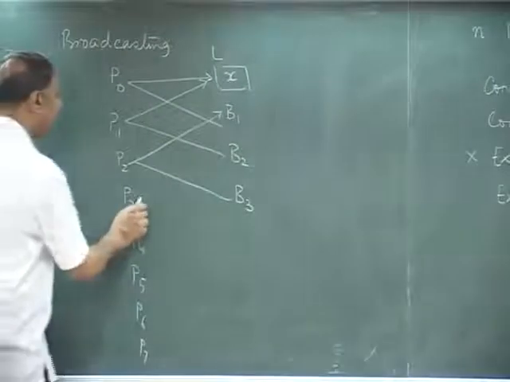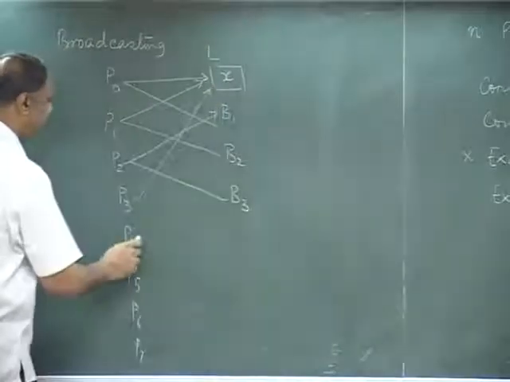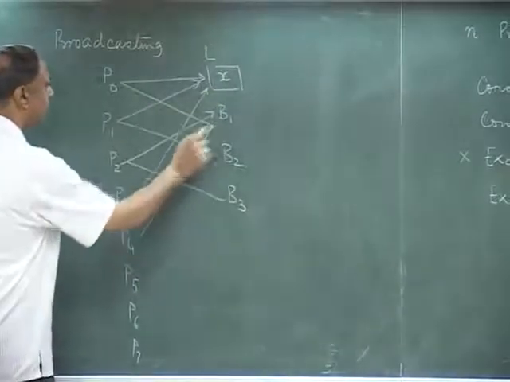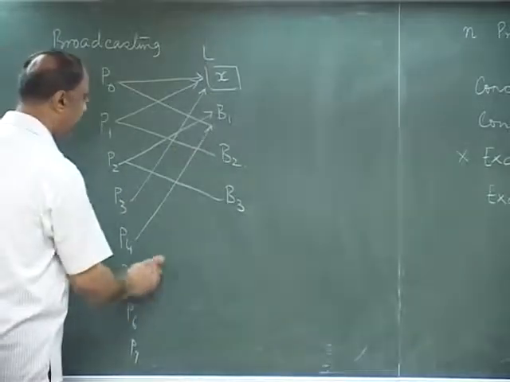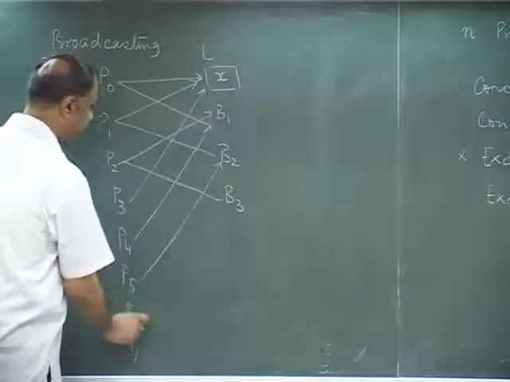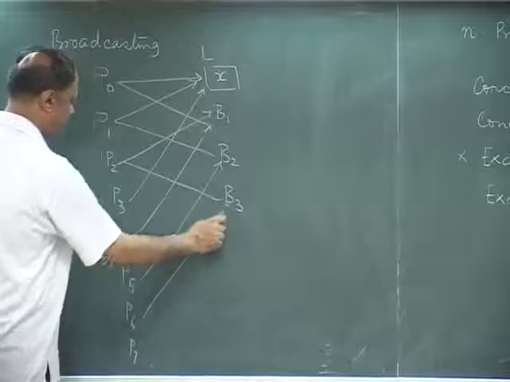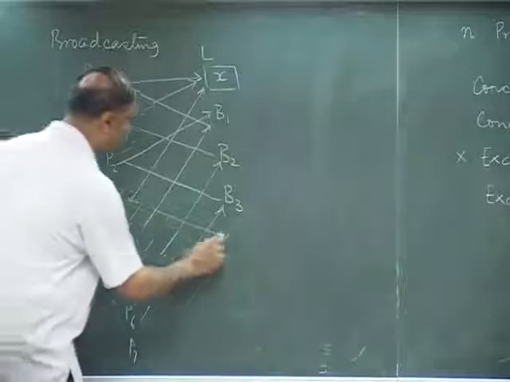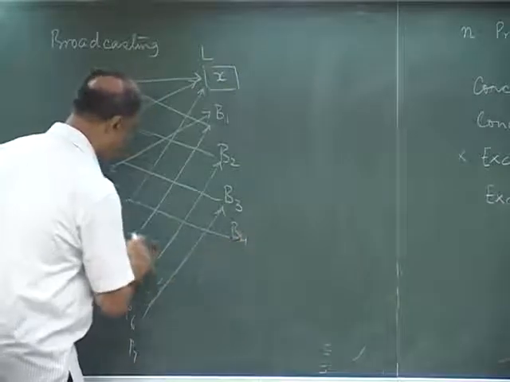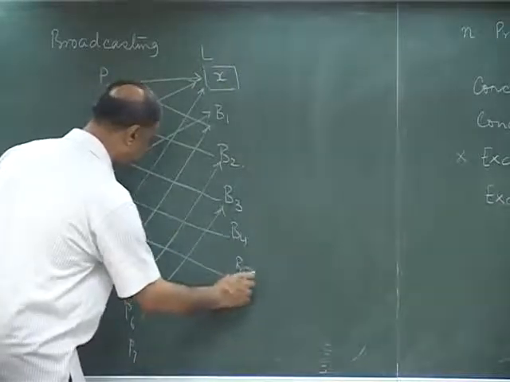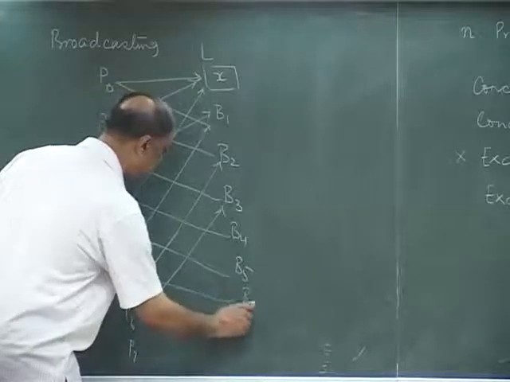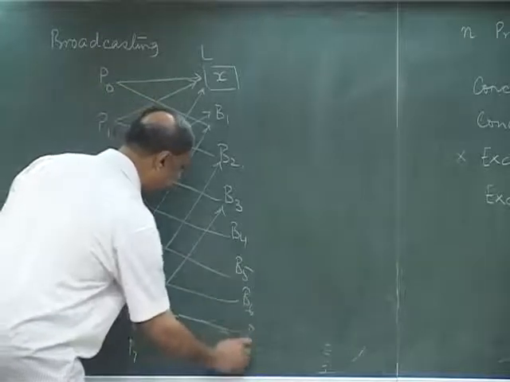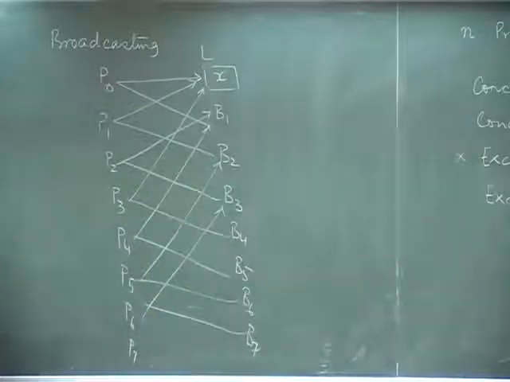Now P3 reads the data from L, P4 reads the data from B1, P5 reads from B2, and P6 reads from B3, and they can write into B4, B5, B6 and B7 and so on.